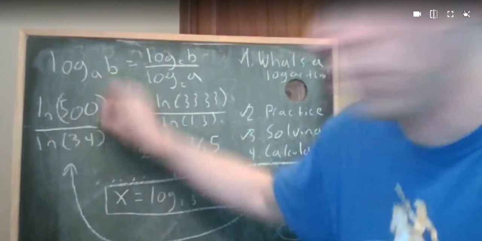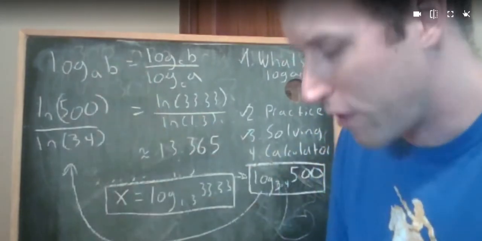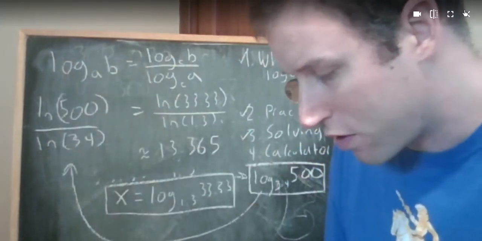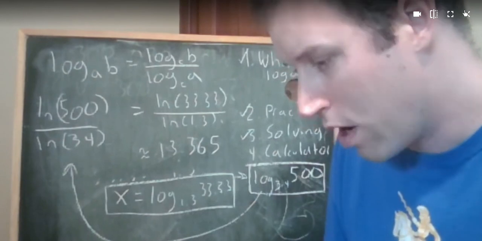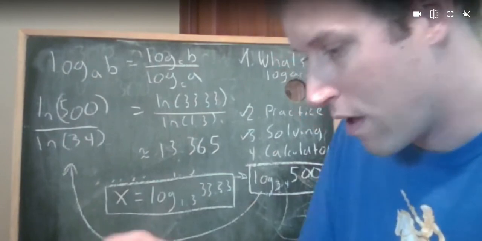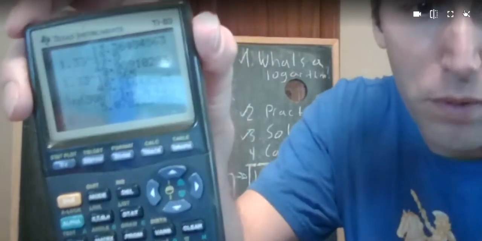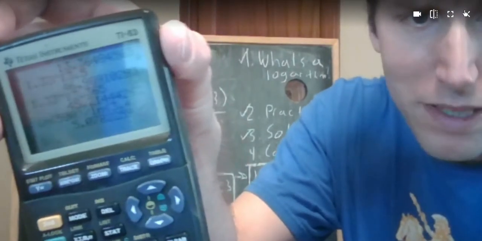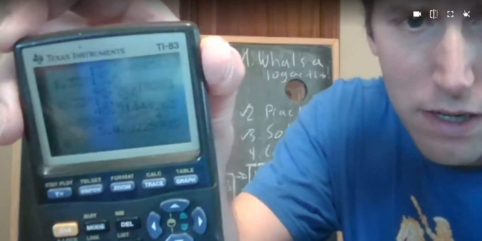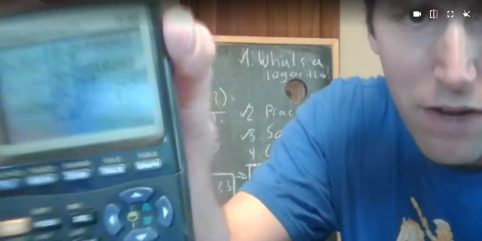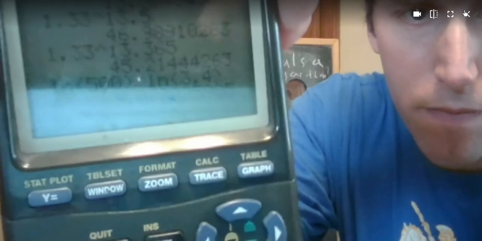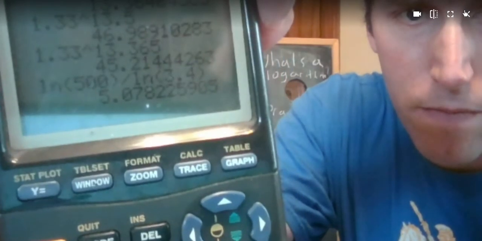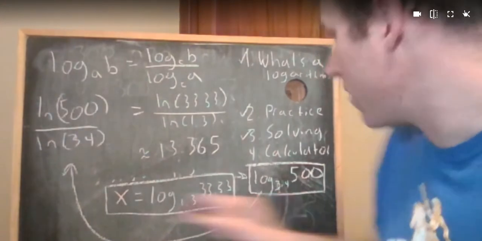You'll need to make sure you close this parentheses before you do the other one. ln of 500, close parentheses, divided by ln of 3.4, close parentheses. And I got, well, our estimate was pretty spot on, 5.078. Let me bring this a little closer. There it is. So that's my X for that one.